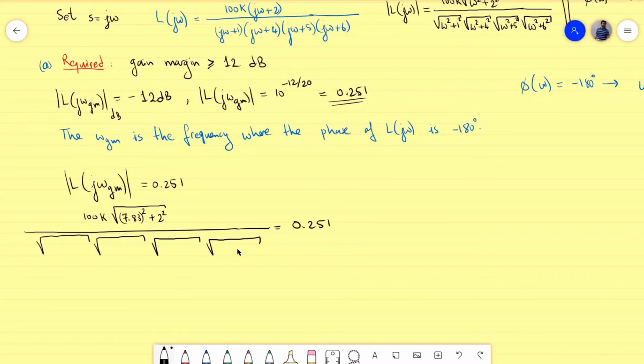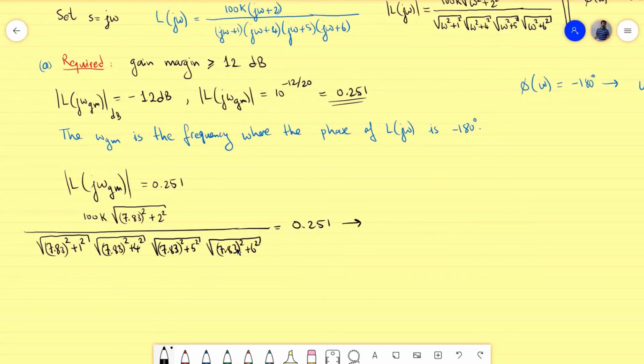Now if I substitute the values, I will get 7.83 squared plus 1 squared, and then 7.83 squared plus 4 squared, and then 7.83 squared plus 5 squared, and the final one 7.83 squared plus 6 squared.